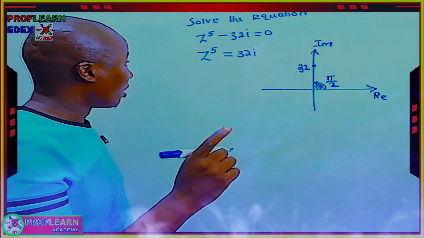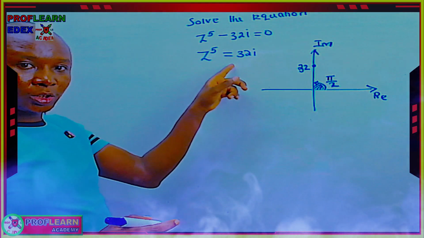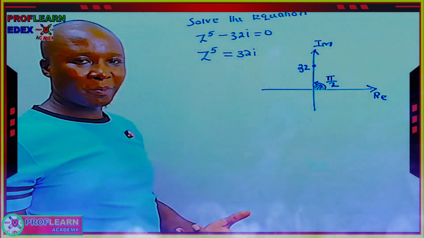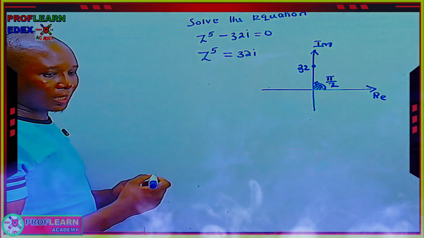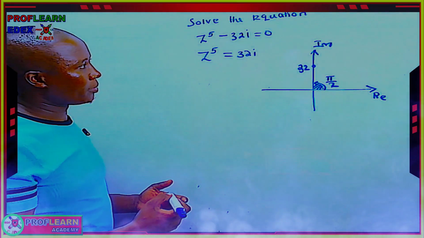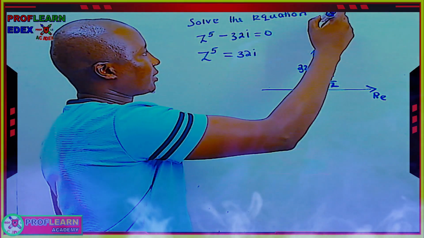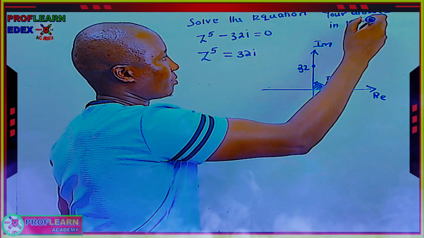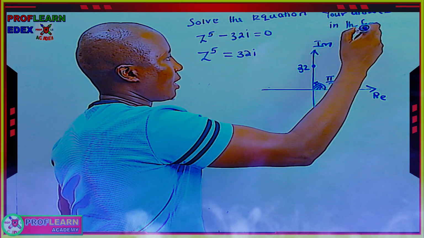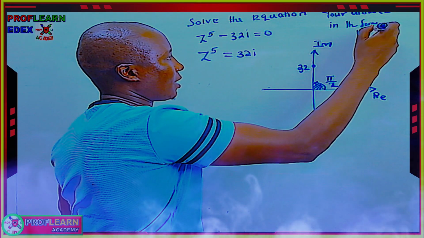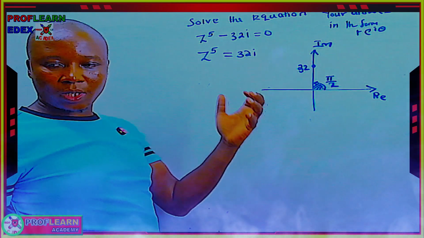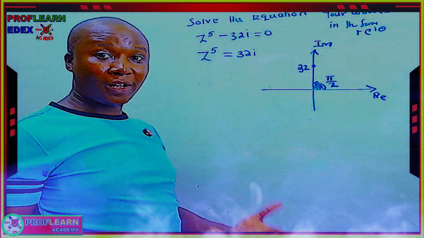So we can write this question in modulus argument form. Under modulus argument form, we are supposed to give our answers in the form r e to the i theta, so we are going to give our answers in Euler form.